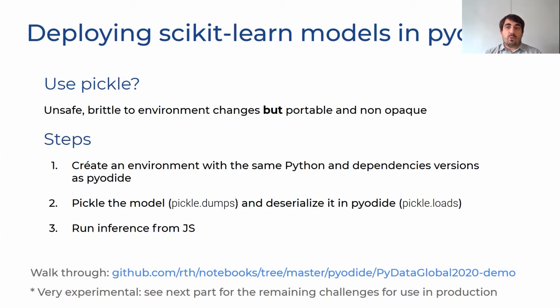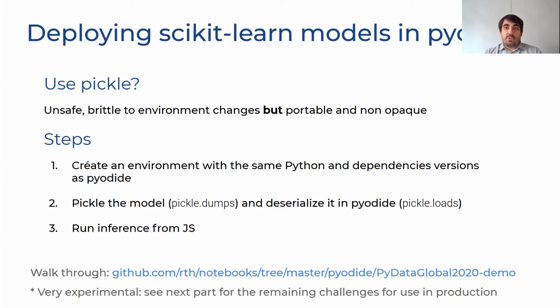So it means that you can always recover the Python object you serialized and look into what elements it has. So then in Pyodide, because it's just essentially Python running in a browser, the steps to deploy a model are fairly straightforward.